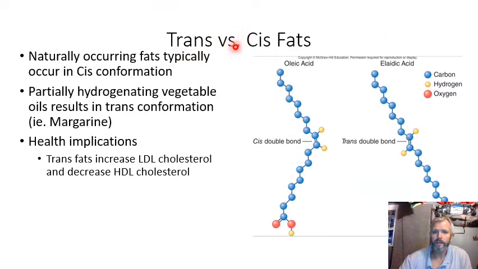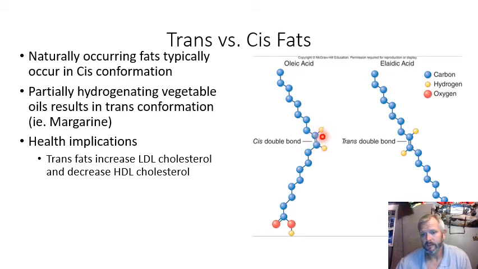Another term, trans versus cis. In the real world, most of our natural fats are cis fats. You can see the difference between, okay, oleic acid, which is cis. See that double bond there?